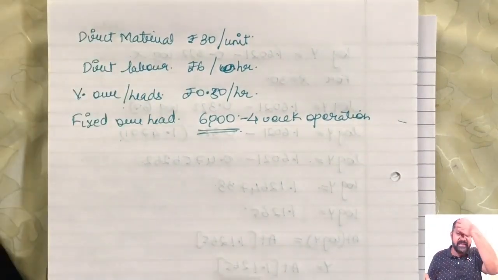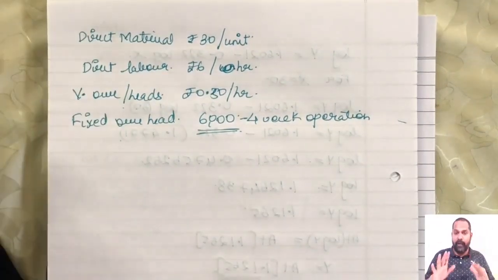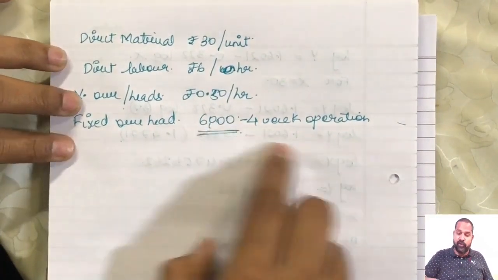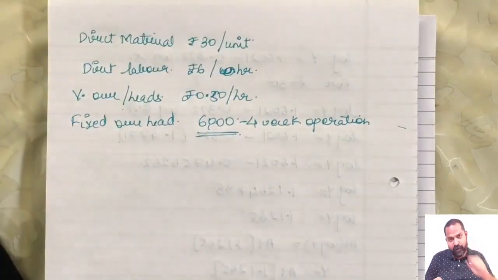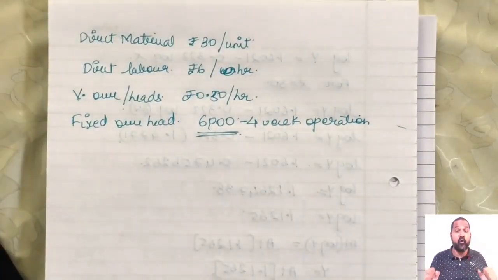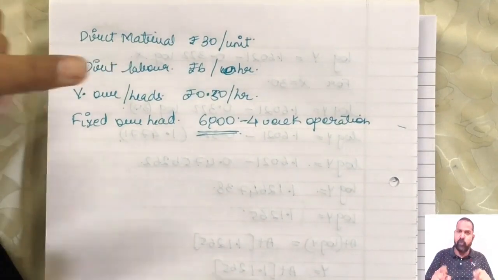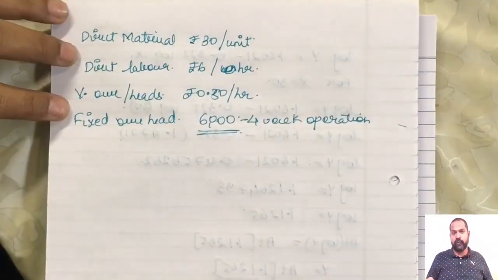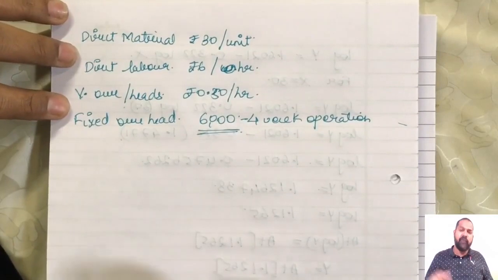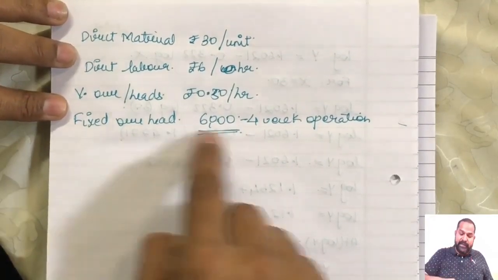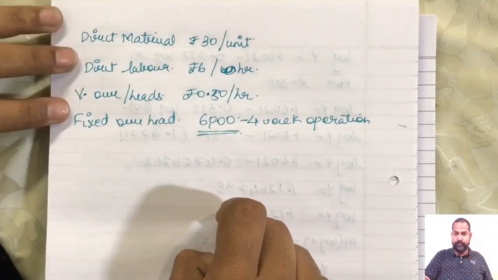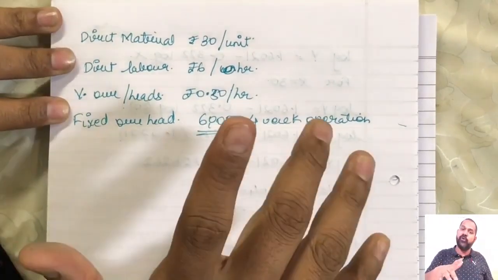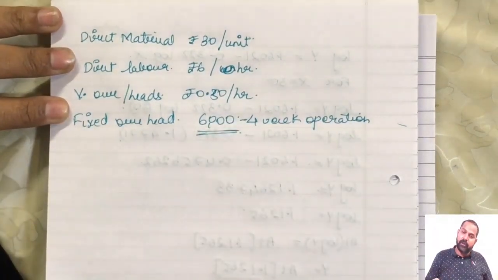Bottom line is, you are charging 6,000 for a 4-week operation. Am I using your premises for 4 weeks? If not, why will I pay for 4 weeks? Imagine my production is done in 1 week. The rest of the 3 weeks, you are using your facility to produce something else. Why do I pay for those 3 weeks?